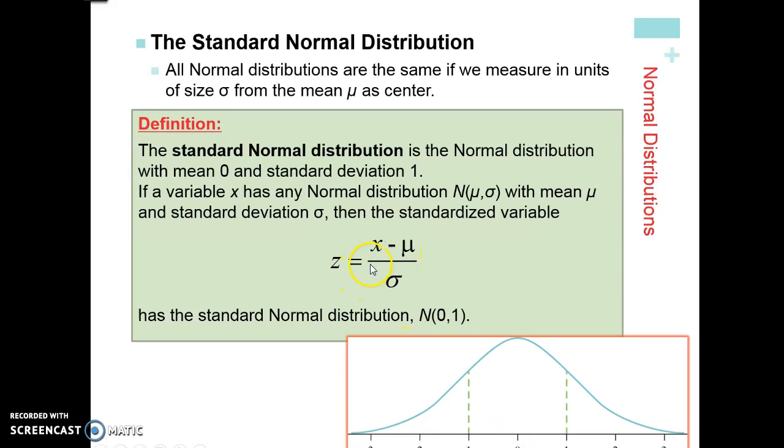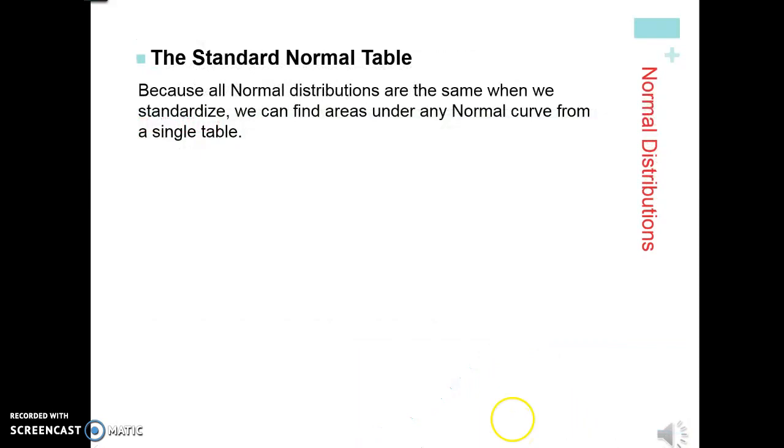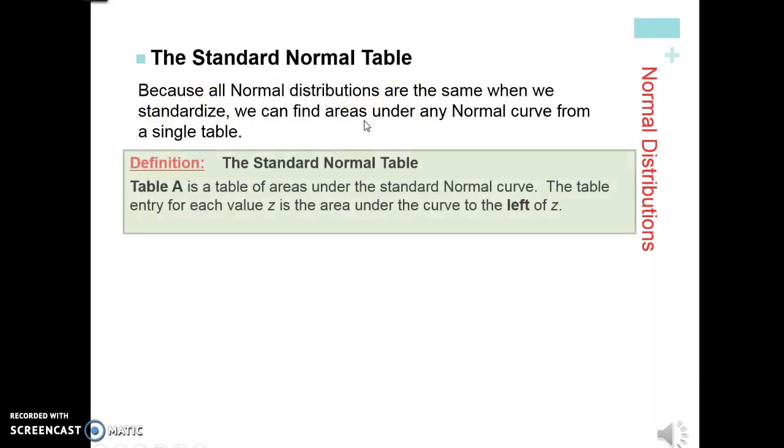The mean is 0 because if you take the value in the middle minus the mean, divided by the standard deviation, it's going to be 0 because it's a 0 distance away from the mean. Because all normal distributions are the same, when we standardize them, we can find areas under the normal curve from a single table.